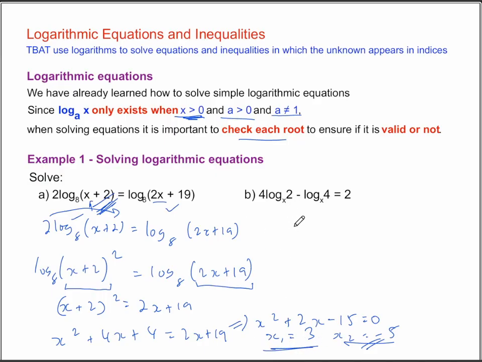Next up, we have this right here, where we have base x, and we need to find what that base x is. Firstly, we can rewrite all this, and we get log base x of 2 power 4 minus log base x of 4. 2 power 4 is just 16. And then remember, we are subtracting 2 logs, so we are using the division law.